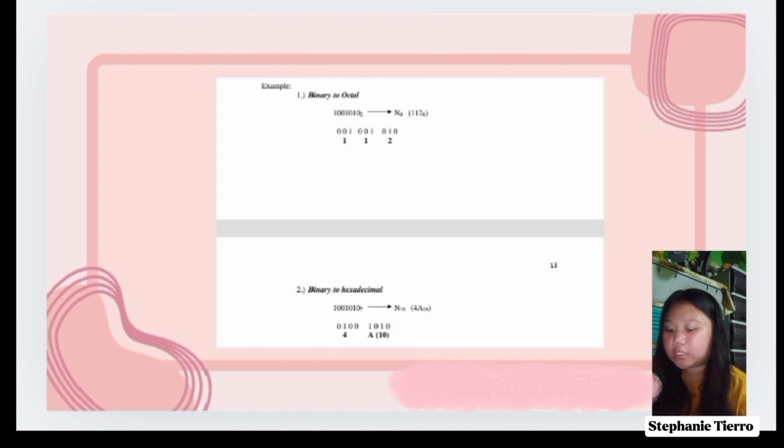Yung isa is 0 times 4, 0. 0 times 1, 0. 1 times 4 is equal to 4. 0 times 1 is equal to 0. Kaya si 4A or 10, base 16.